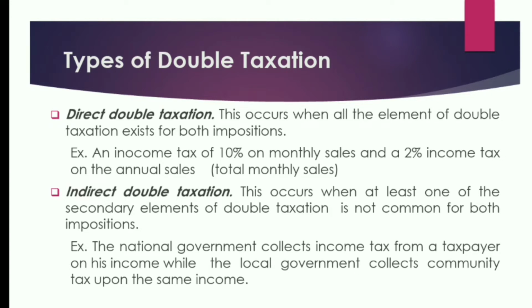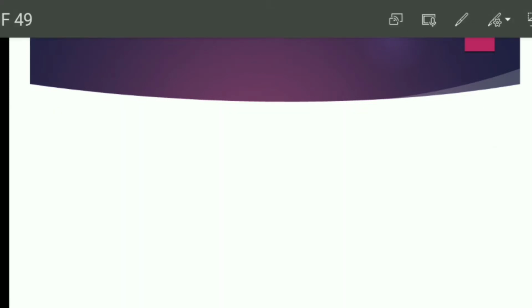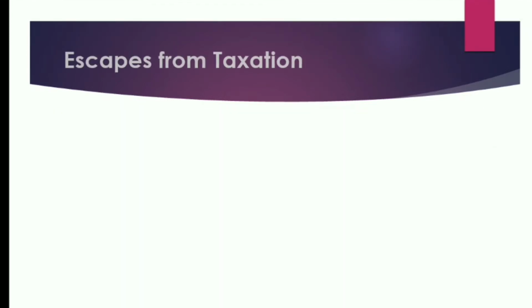Three, allowing reciprocal tax treatment. And four, entering into treaties or bilateral agreements. We will be discussing these four ways of minimizing double taxation in different chapters. But for now, we will move on to the escapes from taxation.